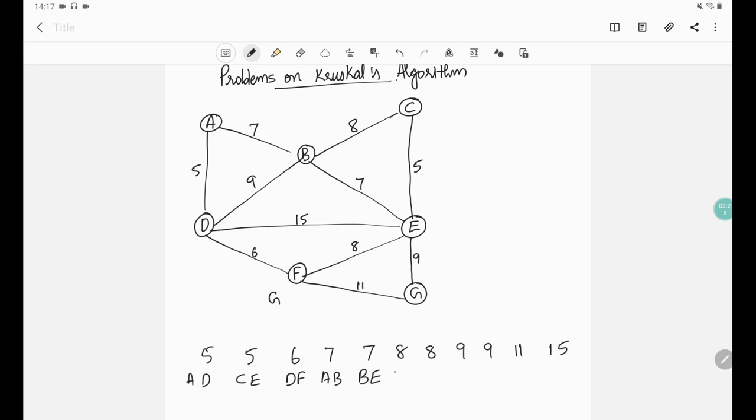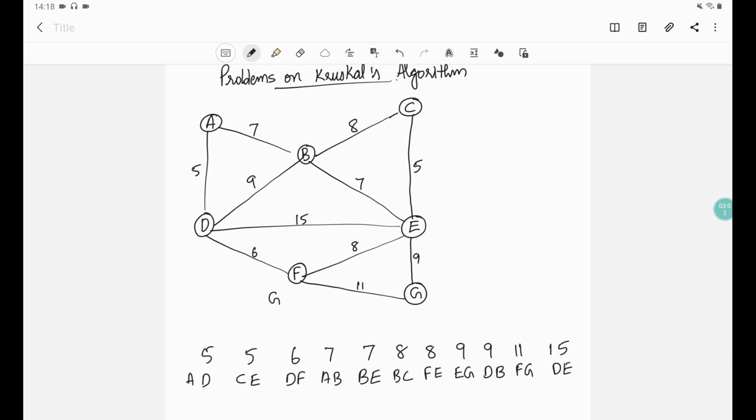I am considering the first one as edge BC, the second one as edge FE. Also you can find two edges with weight 9. I am taking the first one as edge EG, the second one as DB. Then the edge with weight 11 is FG, and with weight 15 the edge will be DE. So here I have arranged all these edges in ascending order of their weight.